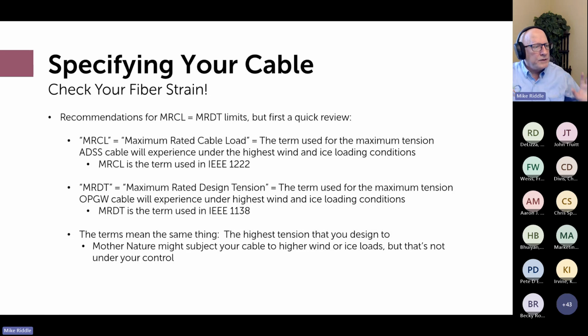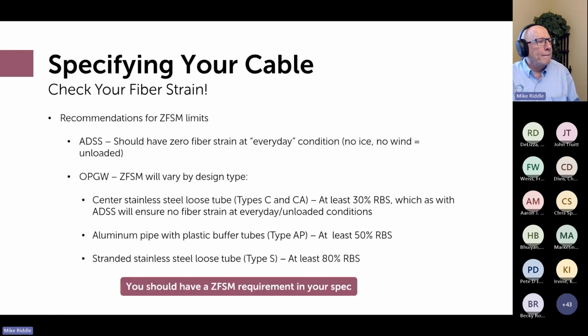Now, Mother Nature might subject your cable to much more than you designed for, but that's not under your control. What is under your control is your assumed design loading conditions and then applying these limits in terms of specifying your cable.